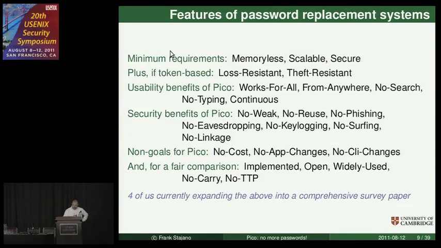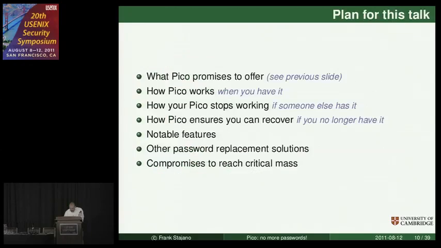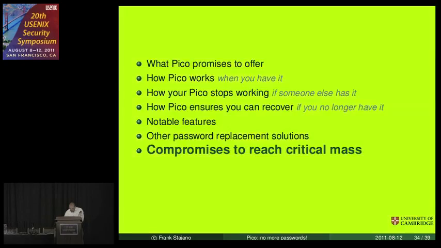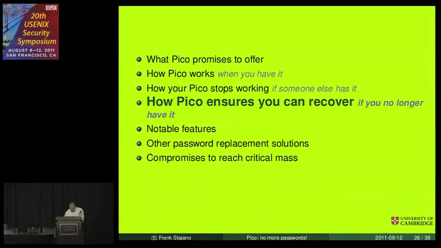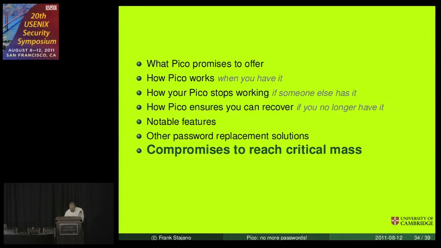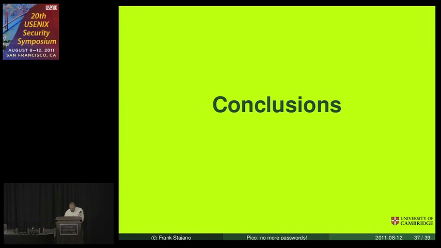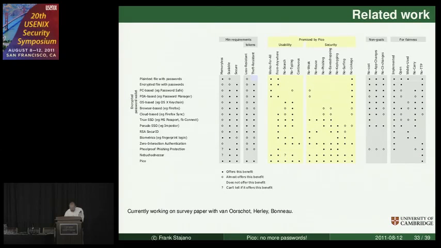There's these categories, and if I just sneak ahead this survey paper we are working on, let me see if I can do that. No. Okay. Not there. Okay. Imagine a big matrix, so big that the writing is so small you can't see it.